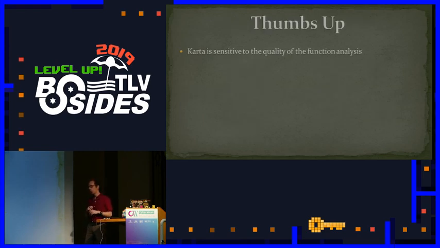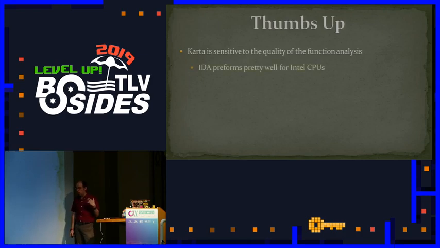Thumbs up. Okay, this is a new part we added today. It's on our GitHub account, or it should be on our GitHub account now. When working on x86 binaries, IDA does a pretty good job. When working on firmware files, for example, ARM files from our research projects, IDA could be improved. It fails to find transitions between ARM and thumb code sections. It fails to find many functions. We need to improve the analysis so Karta could be used.